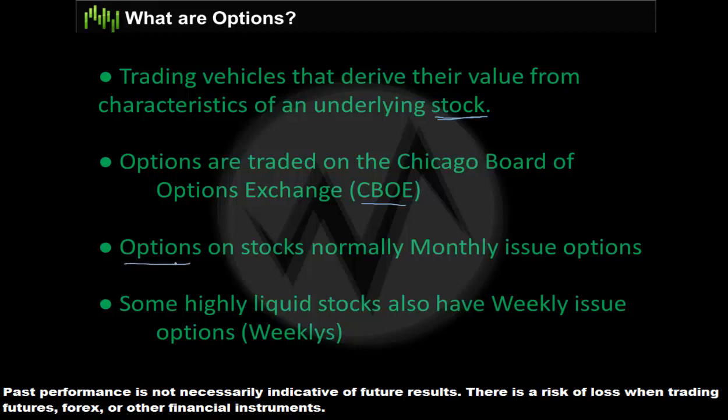The types of options that we have are on stocks. Normally, they are monthly issues. When I say regular stocks, you're not talking about the high volume stocks like Apple or Google. We're talking about stalwarts like Boeing, Schering-Plough.